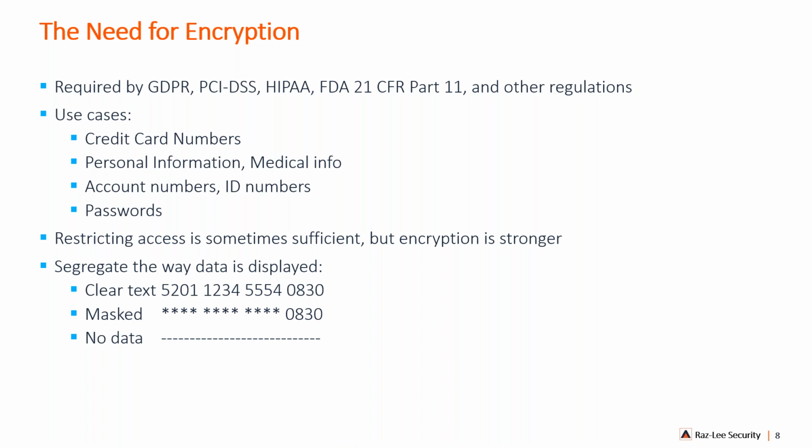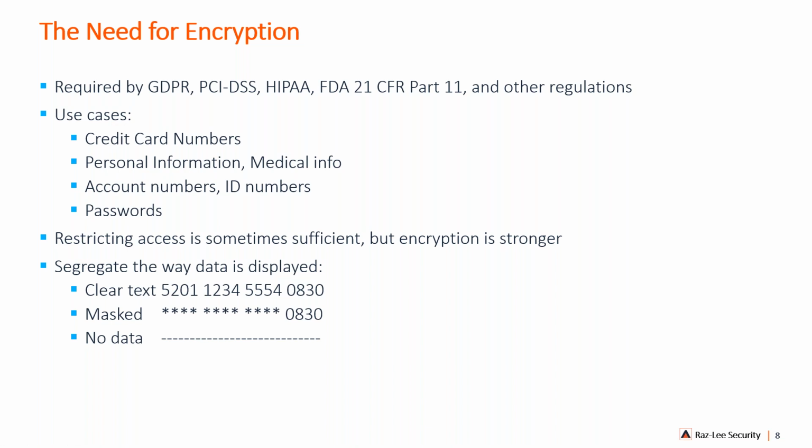So it's not for us to decide in some cases, but also it's good to think that some of us want to be cautious and want to encrypt the sensitive part of the databases. The use cases can be a credit card number, personal information, medical or ID numbers, passwords, etc. All these are called sensitive data.